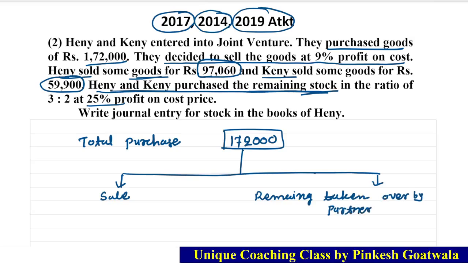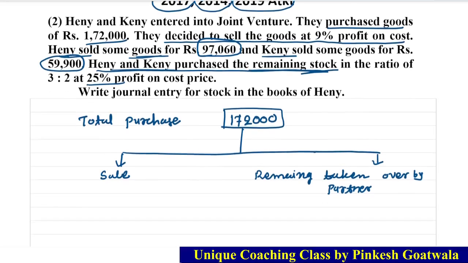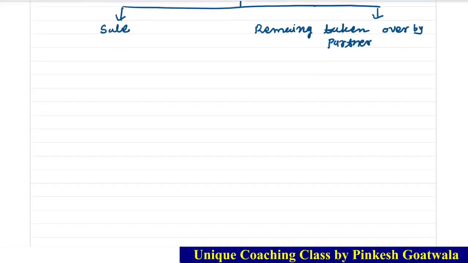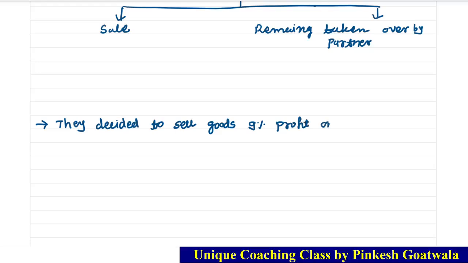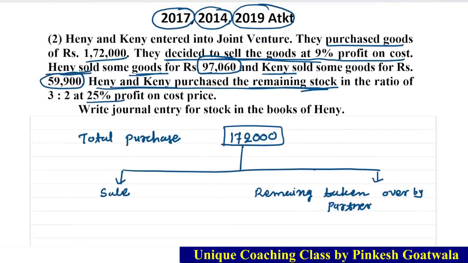So first of all we have to do this calculation. So write whatever is given: they decided to sell the goods at 9% profit on cost. Okay, so I write here: they decided to sell goods at 9% profit on cost. And here look at sales is given. How much is Hanny's sale and Kenny's sale? Both persons' sales are given. Hanny sold 97060 and Kenny sold 59900.